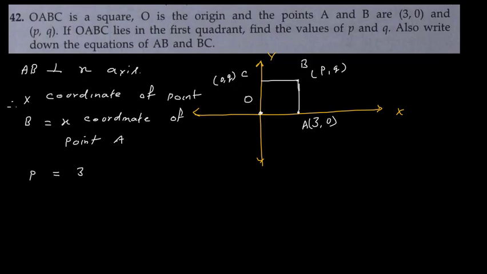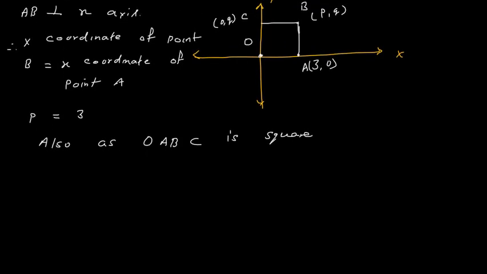As OABC is a square, we can say that distance OA is equal to distance AB. Therefore OA square is equal to AB square.